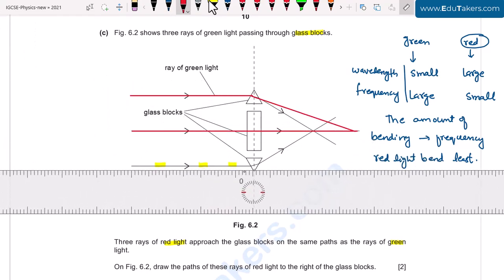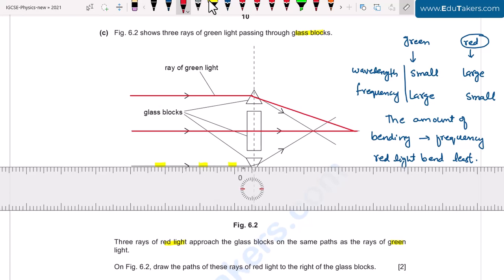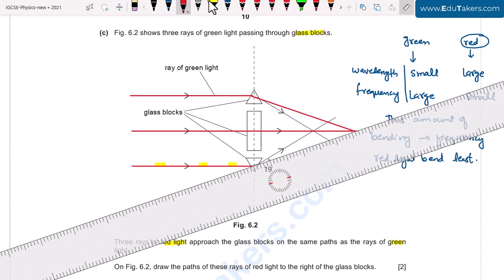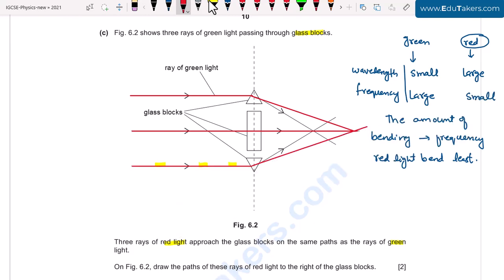Similarly, for the third ray, there will be refraction by this glass block. And after that, the ray moves in this direction. So this is the path for the red light, and it bends a very small amount as compared to green light.